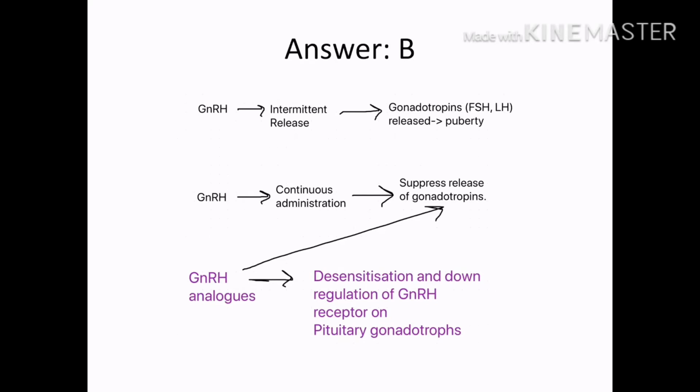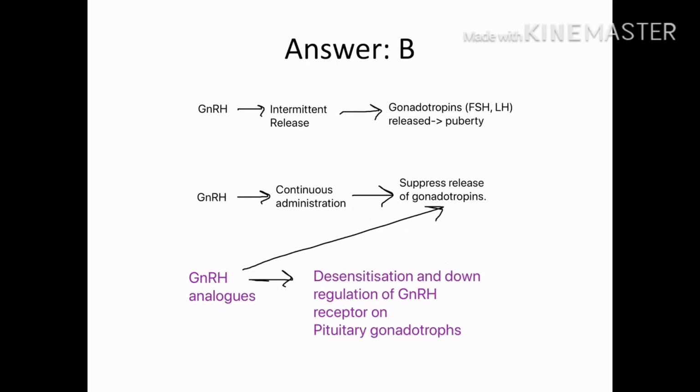If gonadotropin releasing hormone is produced or given in a continuous, chronic way, it leads to suppression of gonadotropin release from the pituitary. So the right answer here is gonadotropin releasing hormone analogs or agonists. They are given to this child.